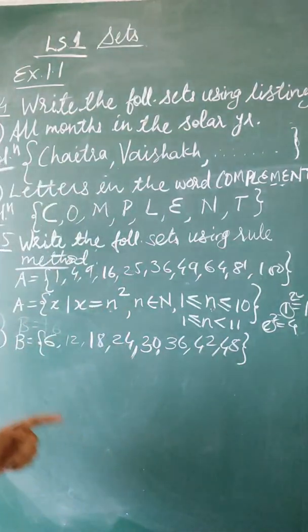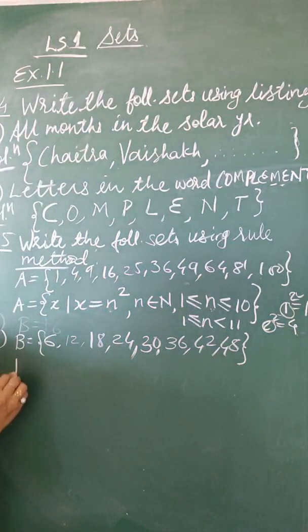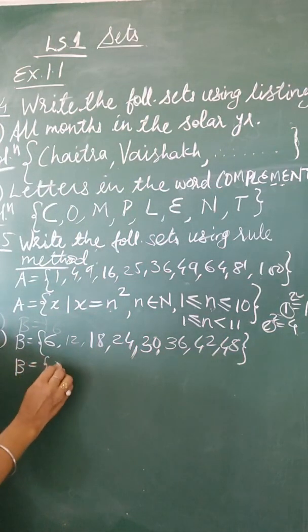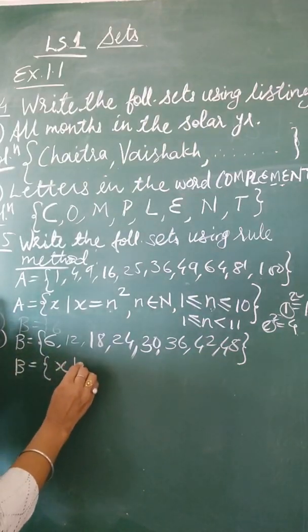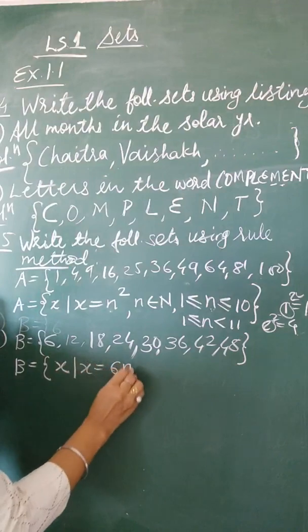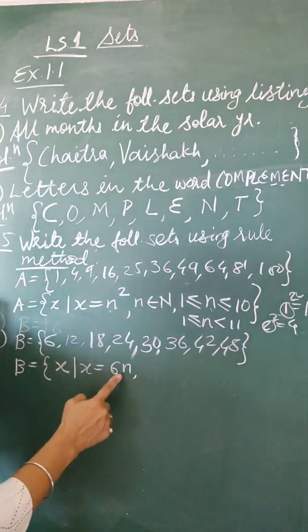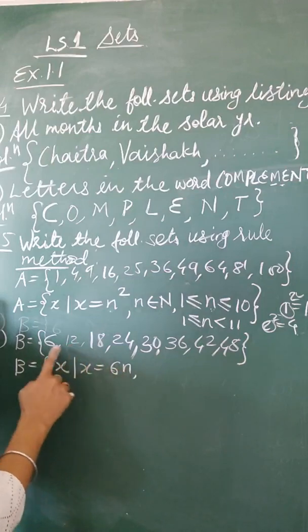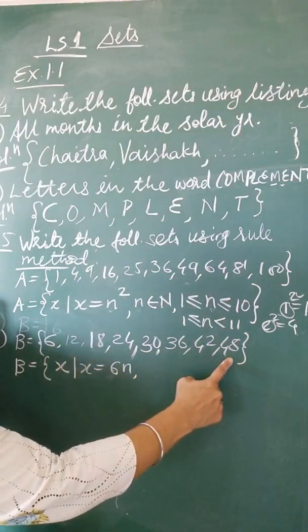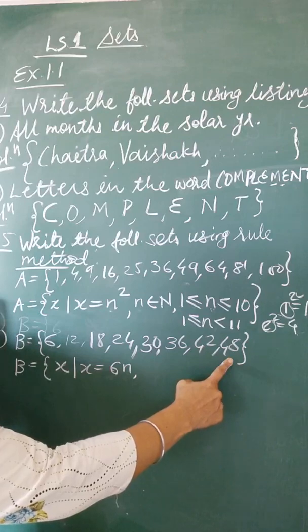So let's write. B is the set of all x, you can take any letter here, x such that x is equal to 6n. See, 6 is fixed, n is changing. 6 ones are 6, 6 twos are 12. So from 1 up to what have you taken? 6 eights are 48.